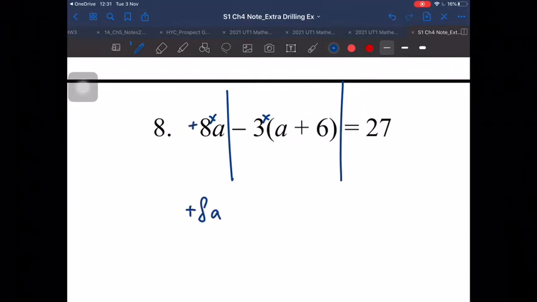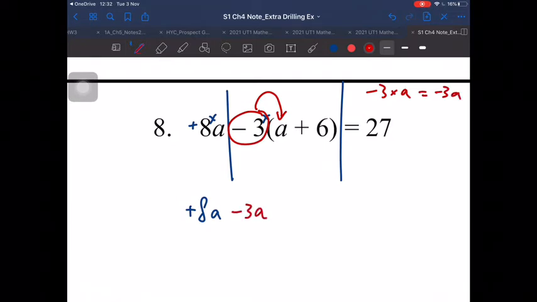This is positive, right? Next part, we have to remove the bracket. Use the distributive law, negative 3 times a. So it will be negative 3a, right? Next, negative 3 times the term next to it, the whole term here.